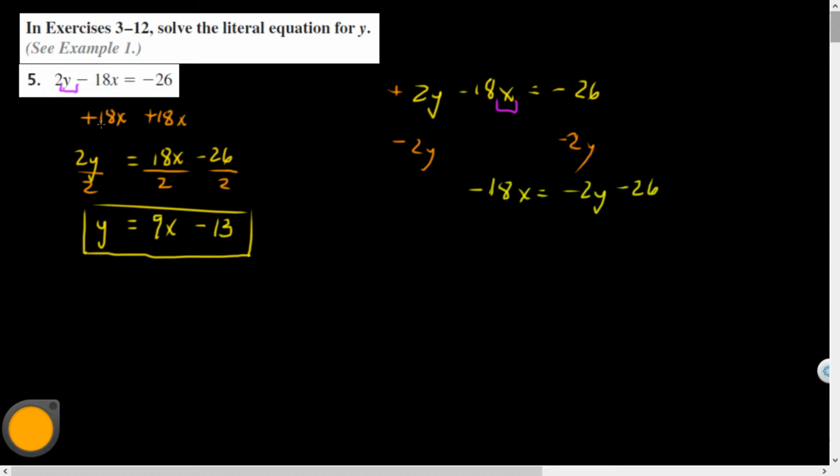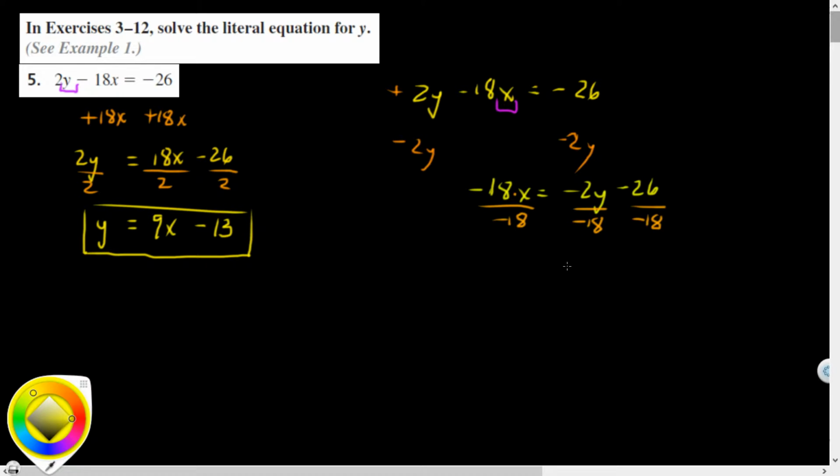So to solve for the variable means the variable is completely alone on one side of the equation, and the variable then also doesn't exist on the other side of the equation. So to get x by itself, divide both sides by negative 18. Wow, this one's a little grosser for sure.